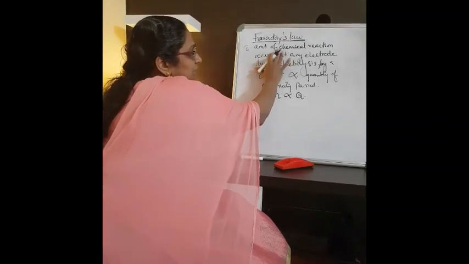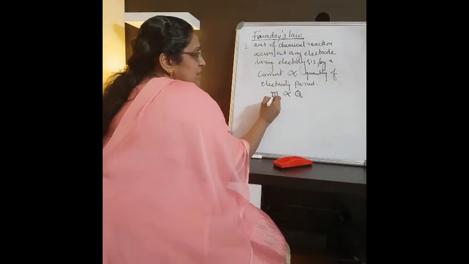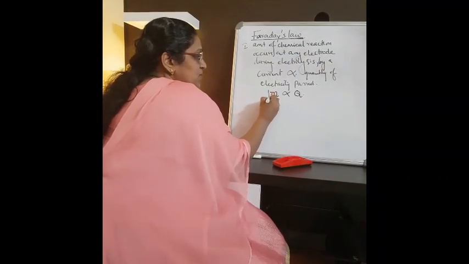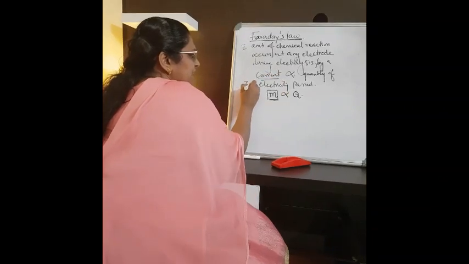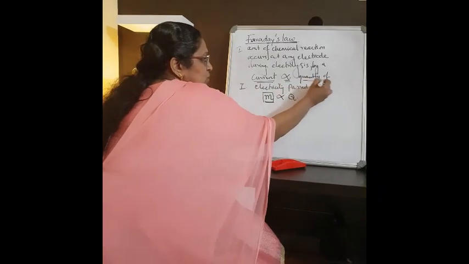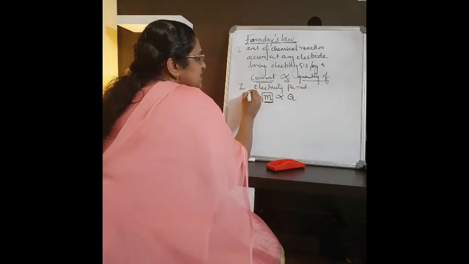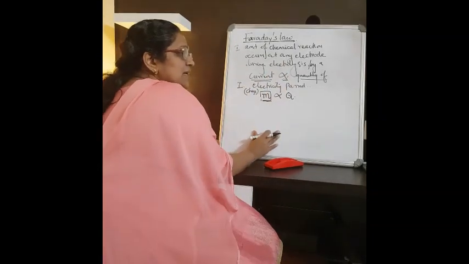So it states that the amount of chemical reaction that occurs at any electrode, that is the mass of the ions getting deposited, by a current, for example say I, is directly proportional to the quantity of electricity, or you can say charge, passing through that electrolyte.